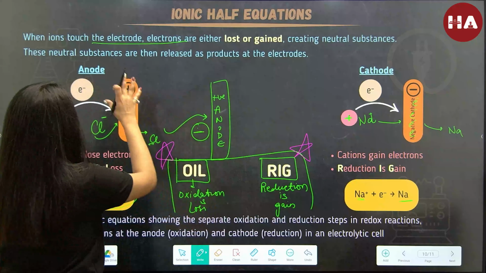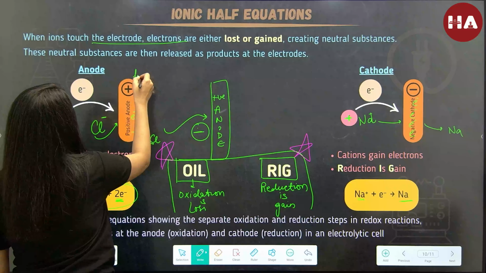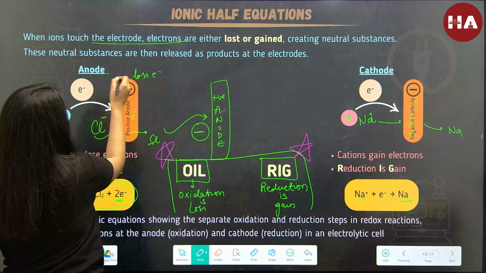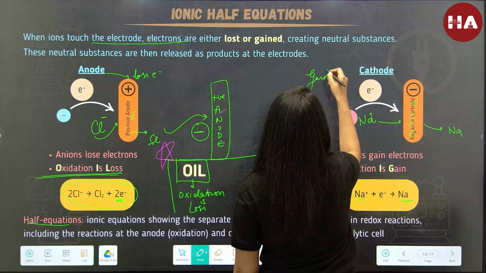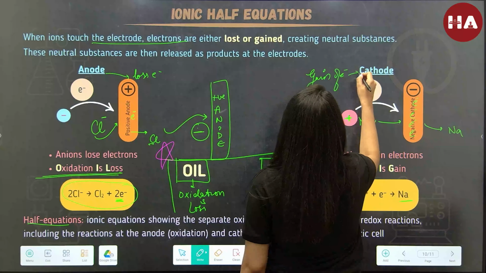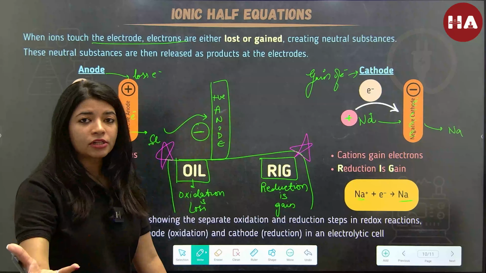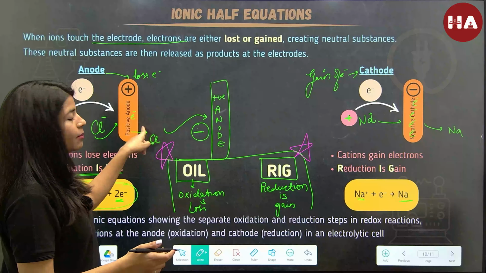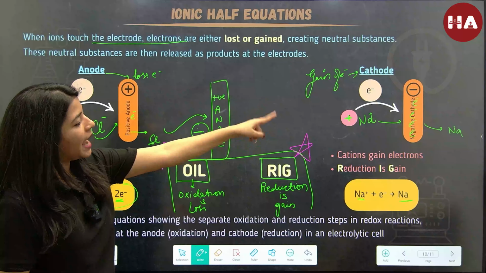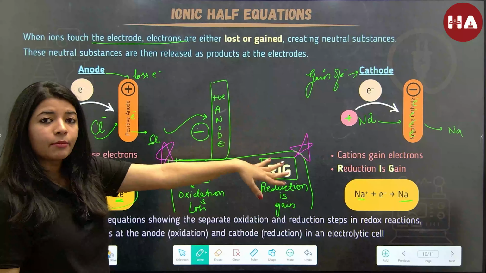Next thing is, when ions touch the electrode, electrons are either lost or gained. Yes, we know that. Over here, loss of electrons is happening at the anode, and over here, gain of electrons is happening at the cathode, creating neutral substances. Cl minus visited and came out as Cl, and Na plus visited and came out as Na.